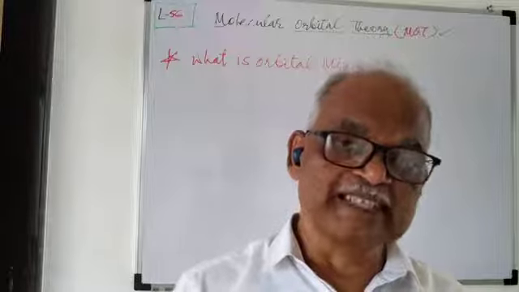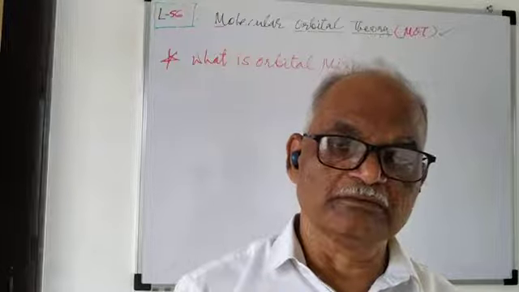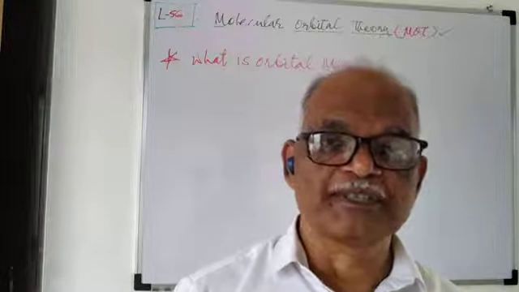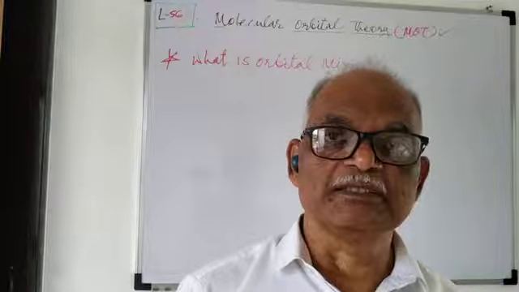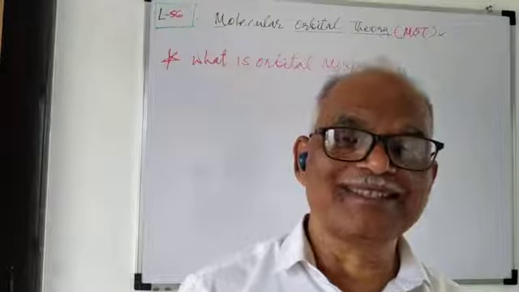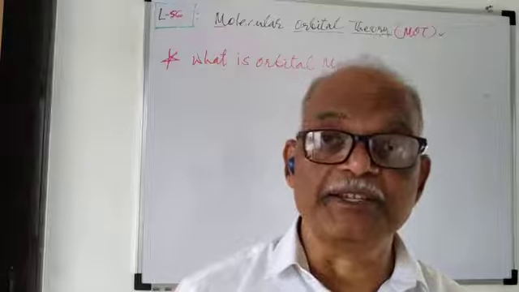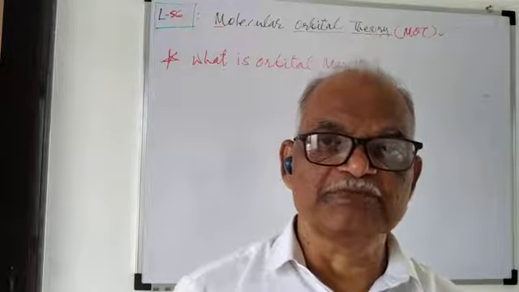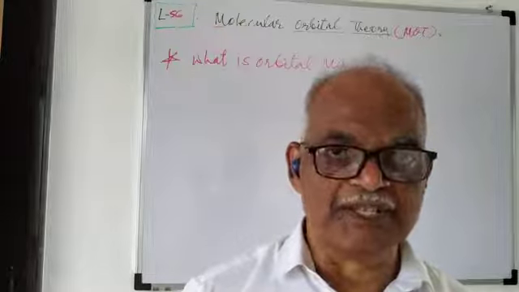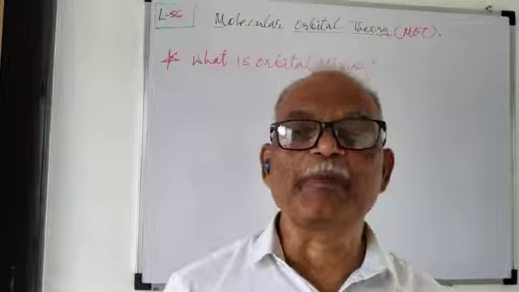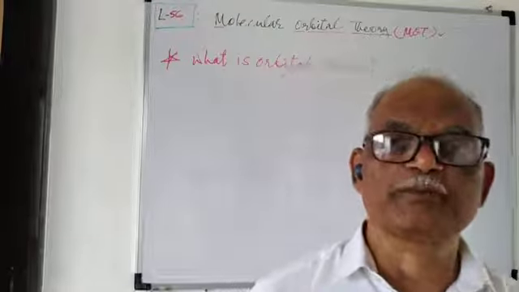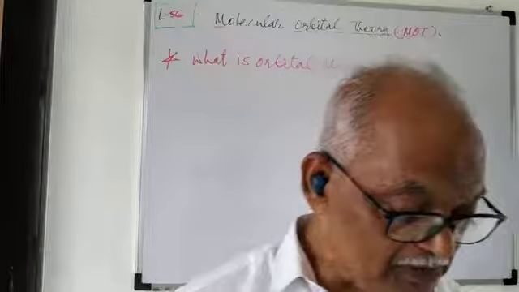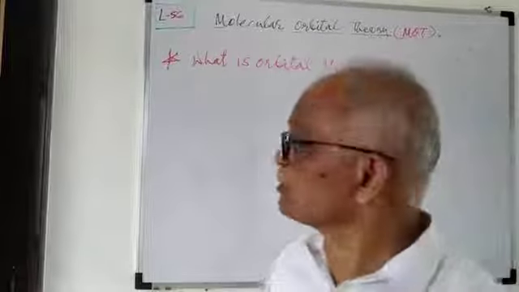This interaction between the atomic orbitals is possible only when the symmetry and energies are nearly identical. The energy may be slightly different, but symmetry should be accurate. Then only there is a possibility of interaction between such atomic orbitals. So we have two approaches.